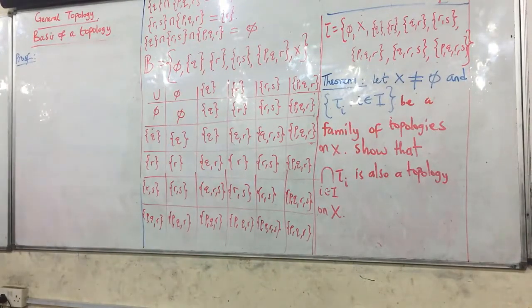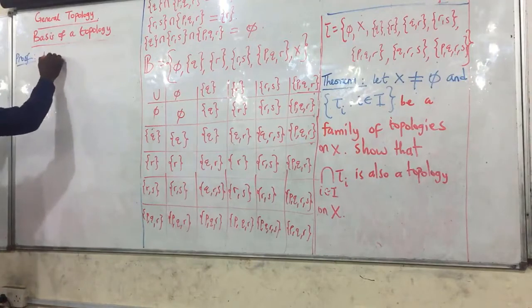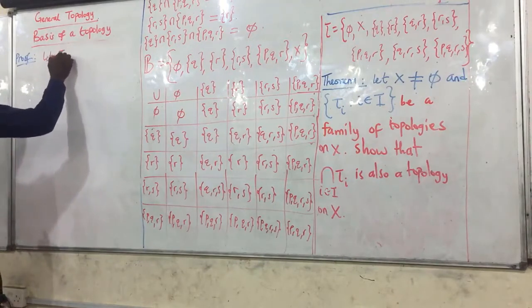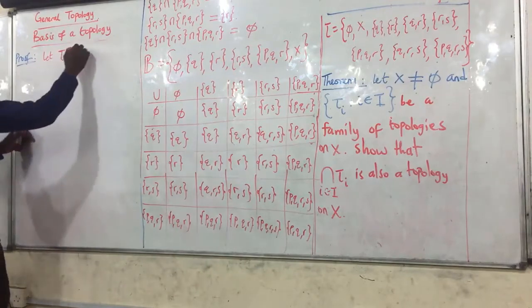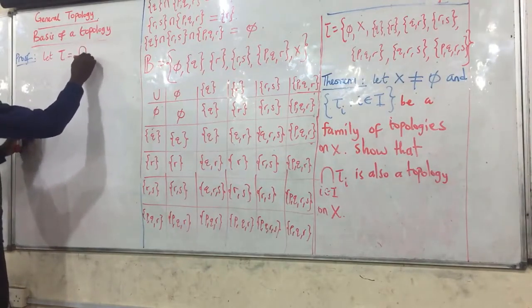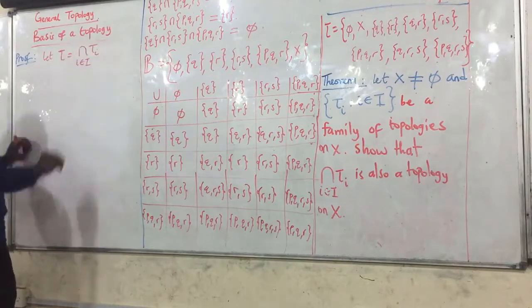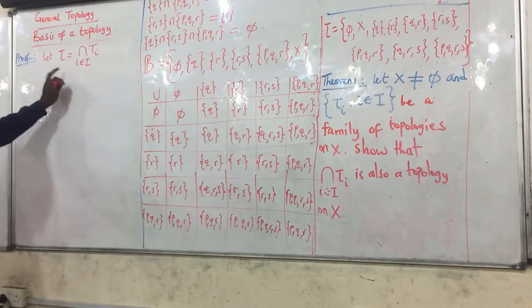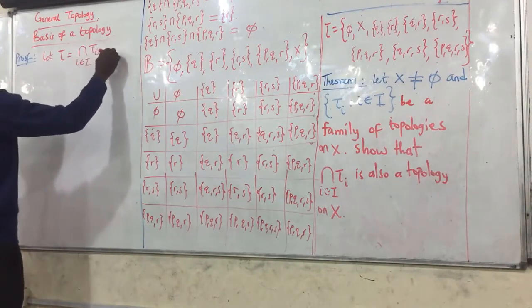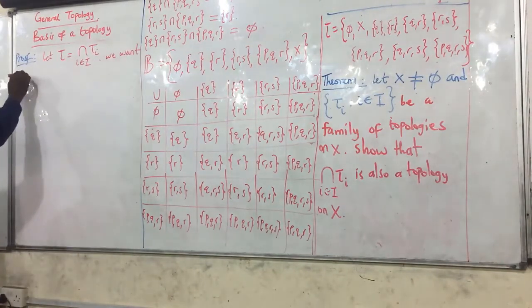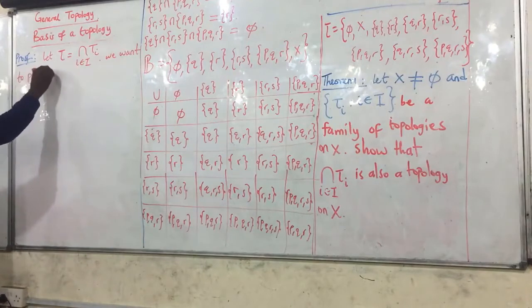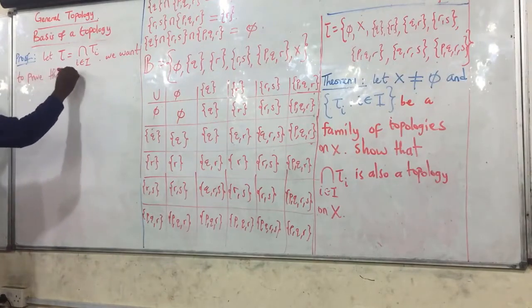Let T be equal to the intersection over i in I of Ti. We want to prove that this is a topology.